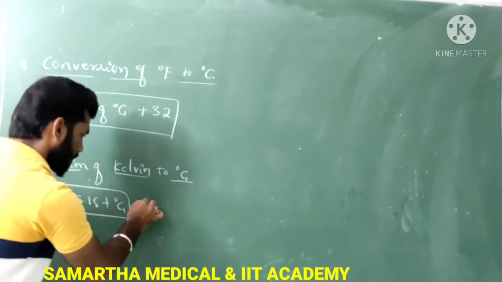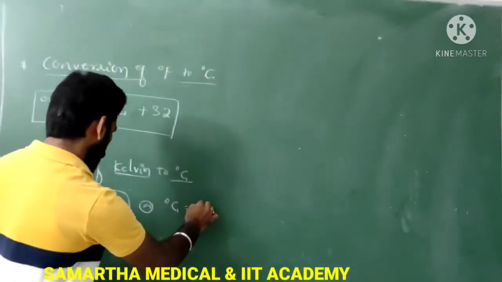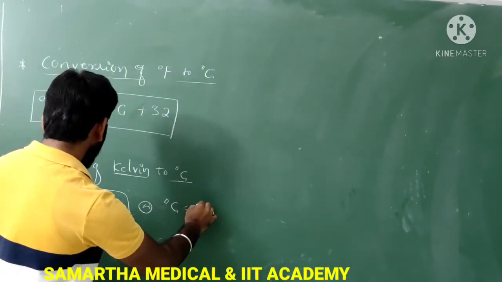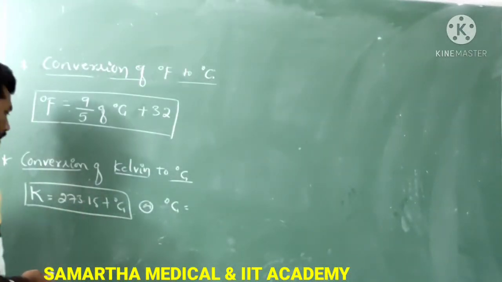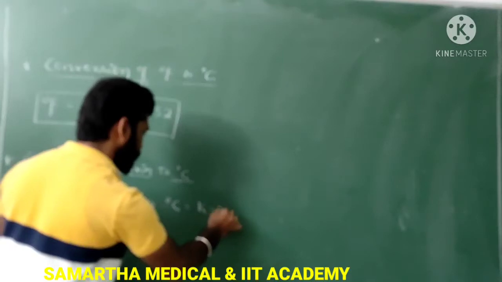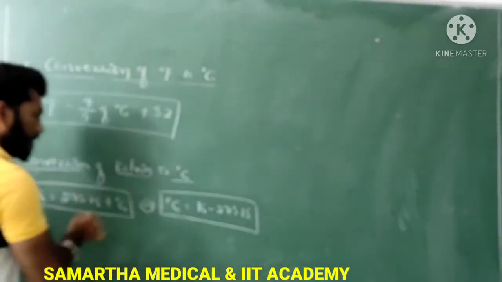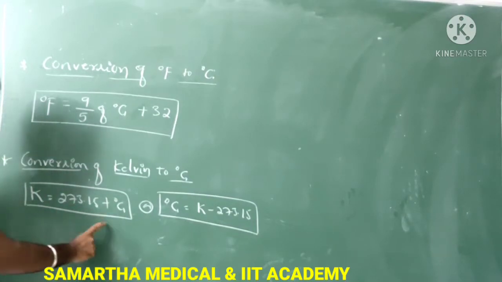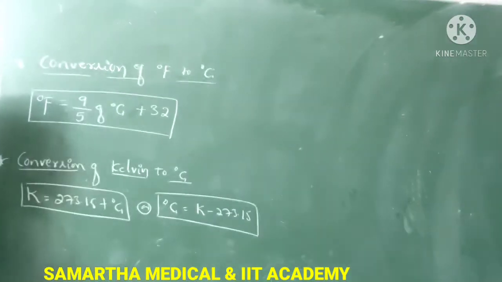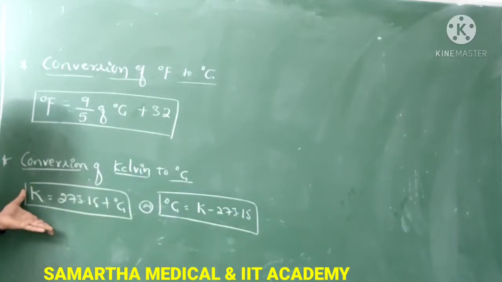Or degree Celsius equals, you just make a rearrangement here, Kelvin minus 273.15. Whichever you have to convert, Kelvin to degree Celsius or degree Celsius to Kelvin, you should use these particular formulas.